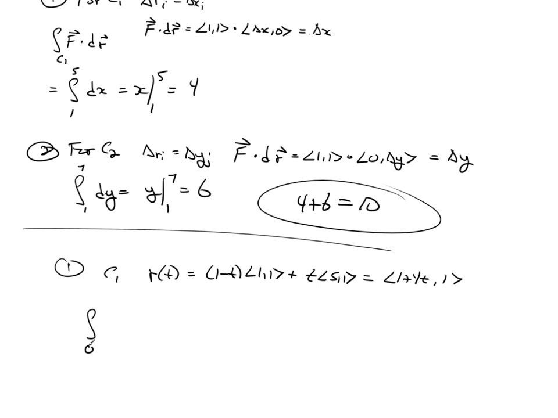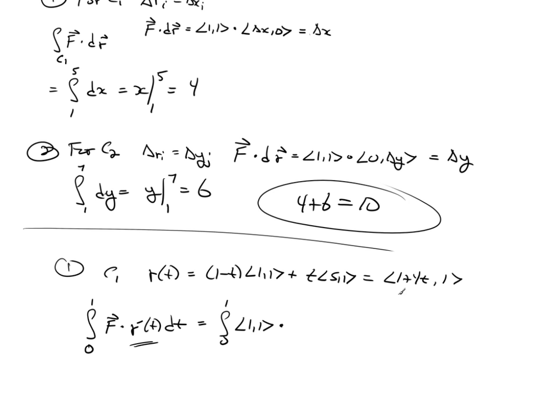So this integral is going to be from 0 to 1, because t goes from 0 to 1, of F dot r prime of t dt. Oops, I forgot my r prime.